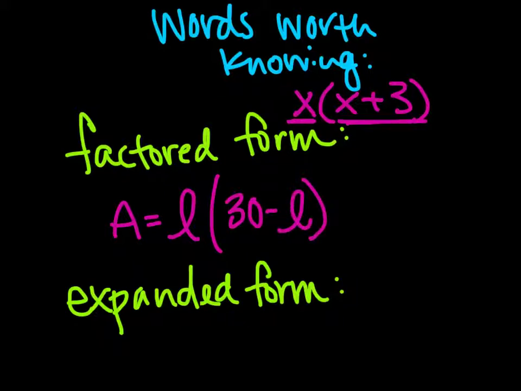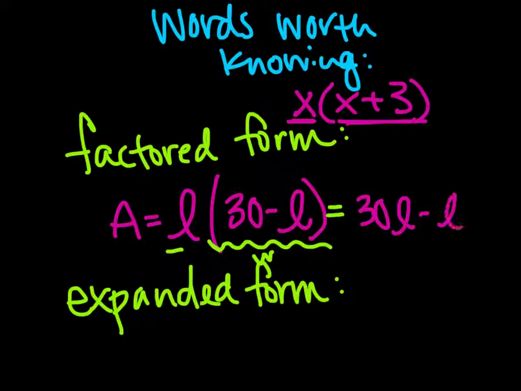So we would say this is our width, and we figured out our width based on our perimeter, and we'd have length versus width. And so if we were to actually expand this equation using the distributive property, which we will learn how to do, we would get 30 times L minus L squared. And that L squared is telling us that it is a quadratic equation, and we have our highest exponent being 2.